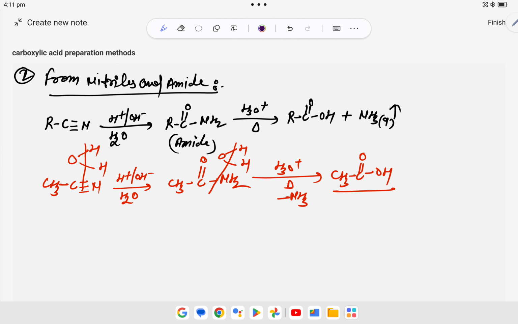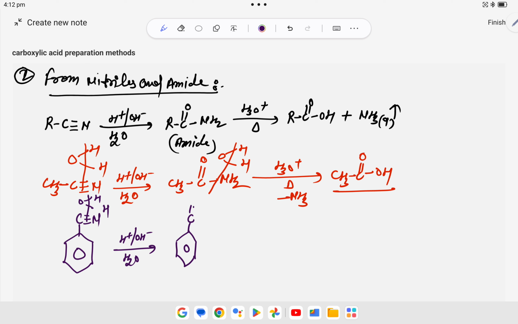One more example you can check. Suppose you have taken benzonitrile with H plus or OH minus and water. So you have to write water, break two bonds, it is converted into amide, C double bond O NH2. Again you have to perform hydrolysis and heat.